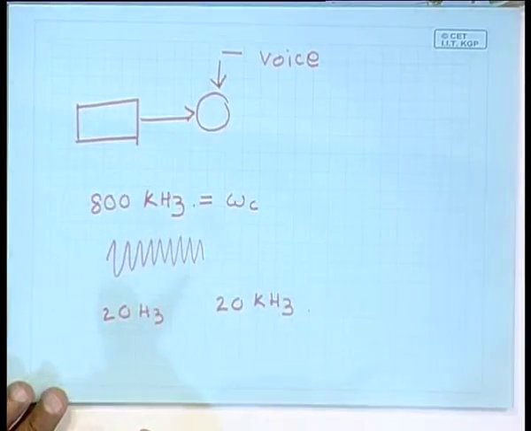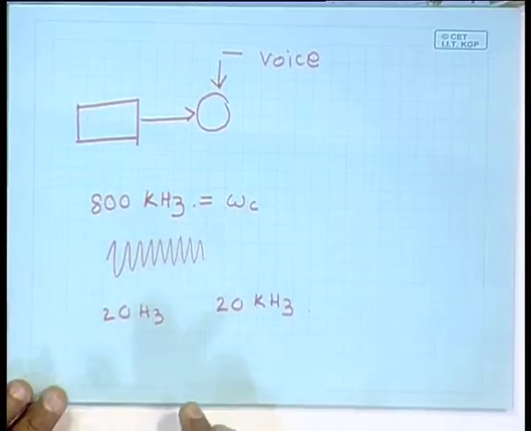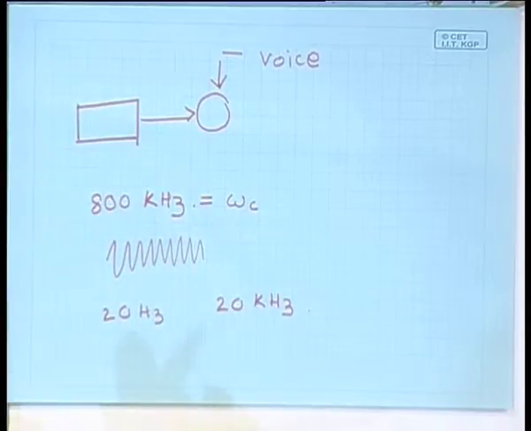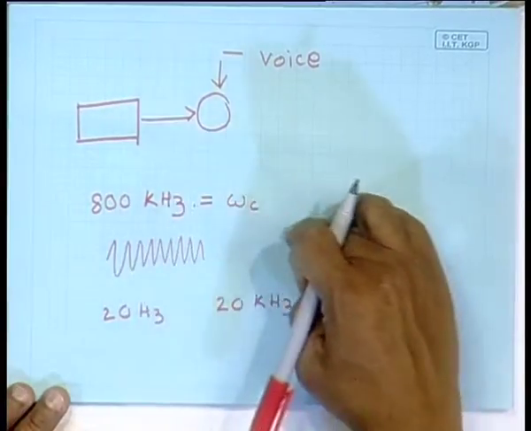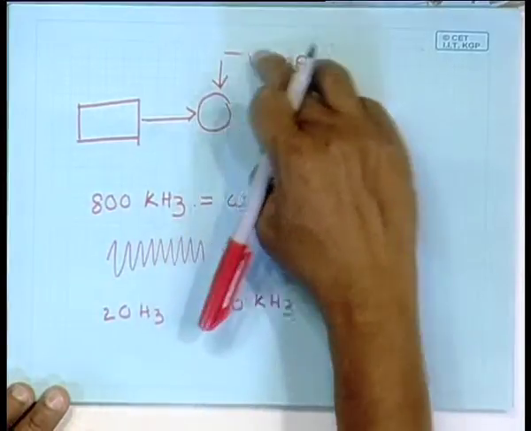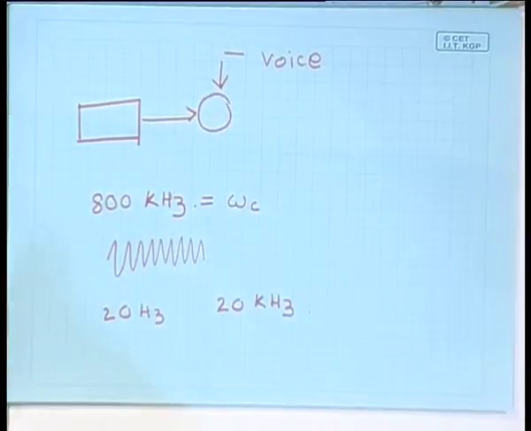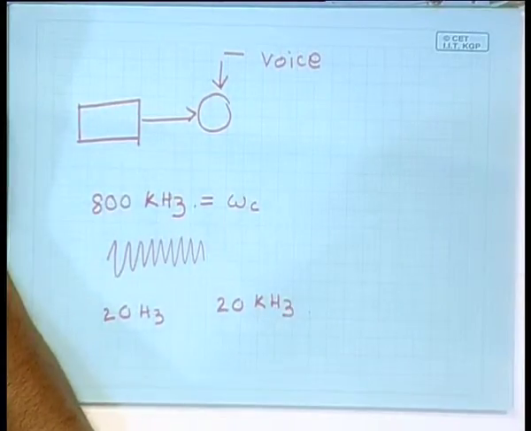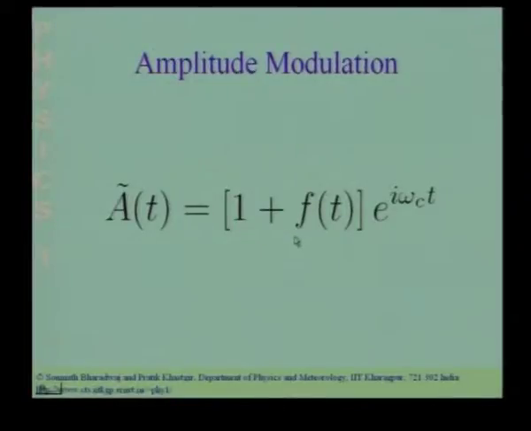The amplitude of the carrier wave is modulated so that the changes in the amplitude are the signal which I wish to send, which is what I have shown over here. So, this is what is called amplitude modulation. The amplitude of the carrier wave is changed so that it has my voice signal.